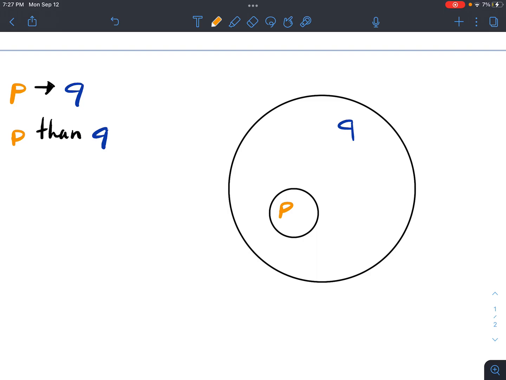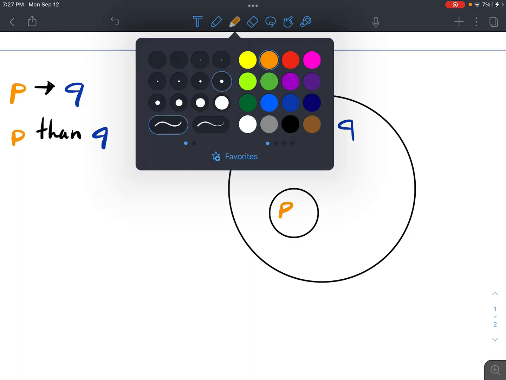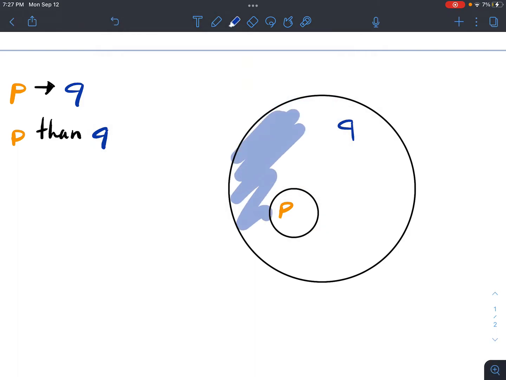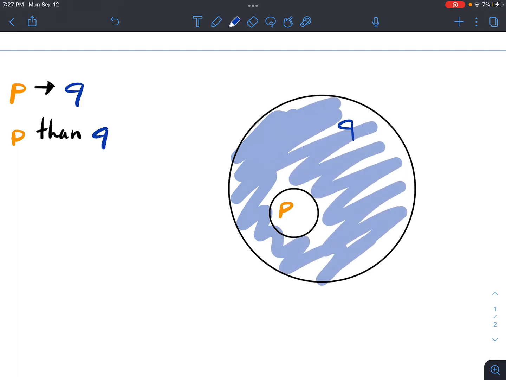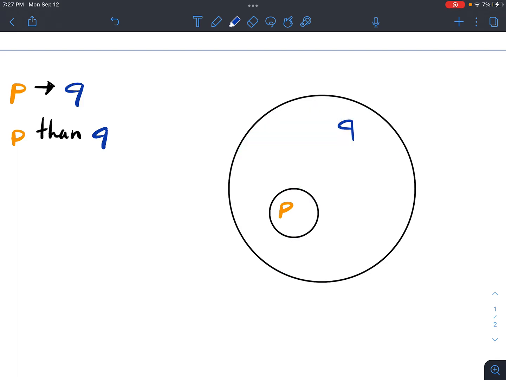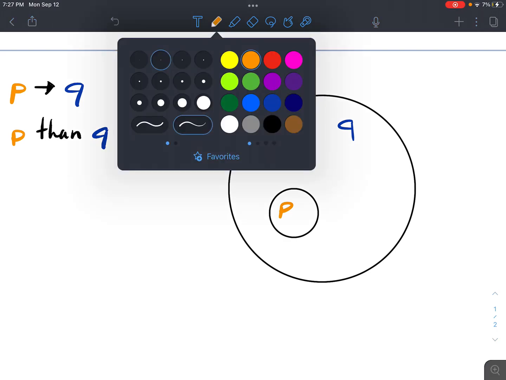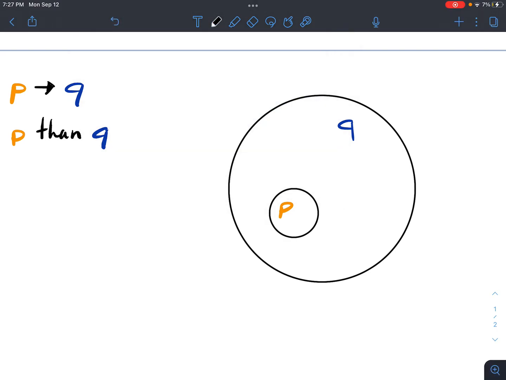So for example, if I eat dinner, then I'm not hungry. So P is the if I eat dinner, and Q is the then I'm not hungry. But there are also tons of different ways that I could become not hungry. I could also eat breakfast. I could also eat a snack. I could also eat lunch. So all these different things. So that's why the P is smaller than the Q.